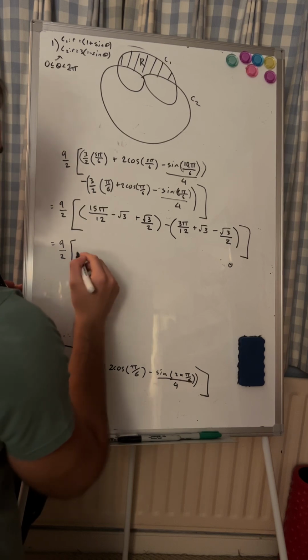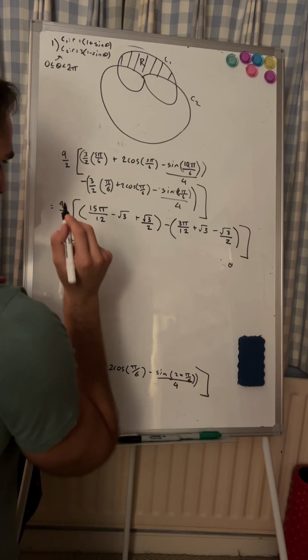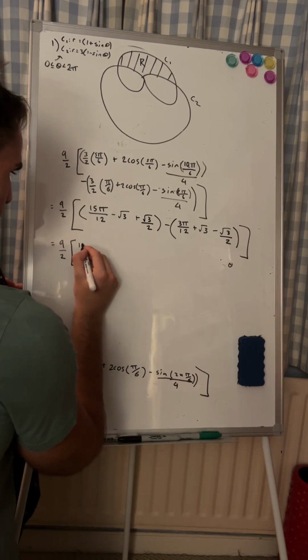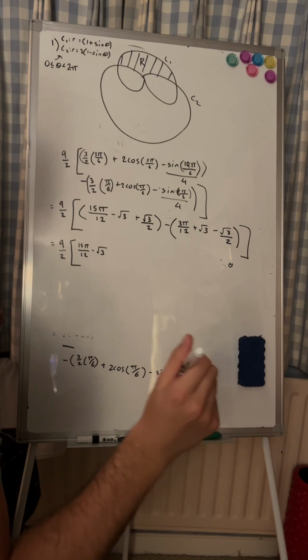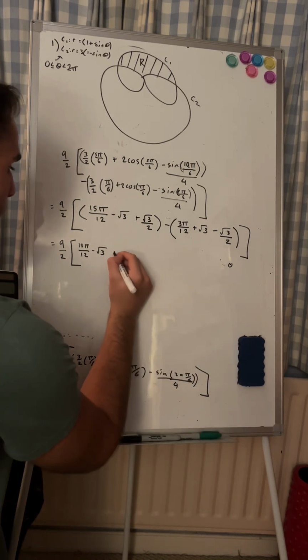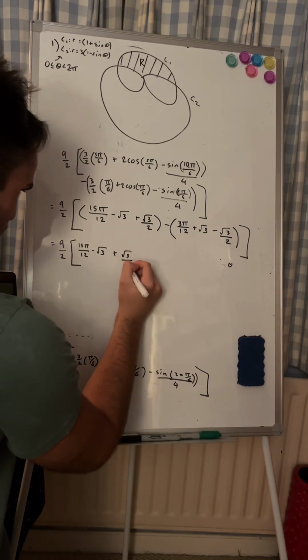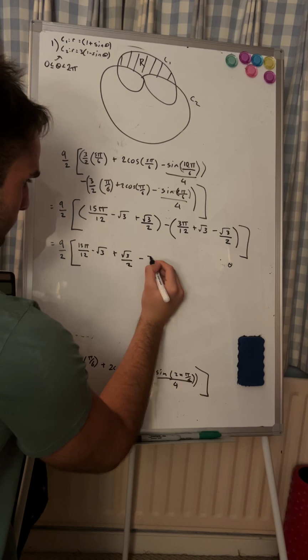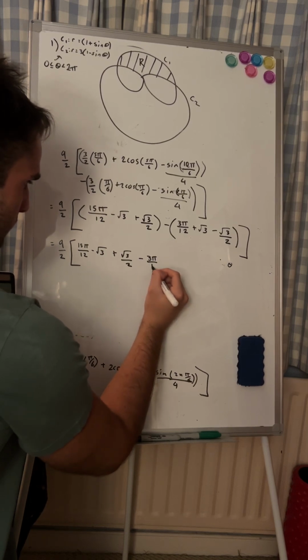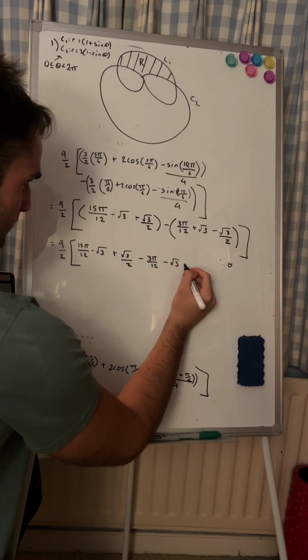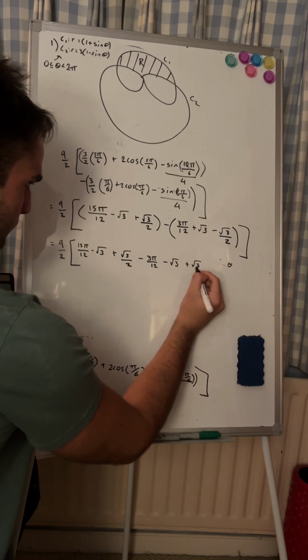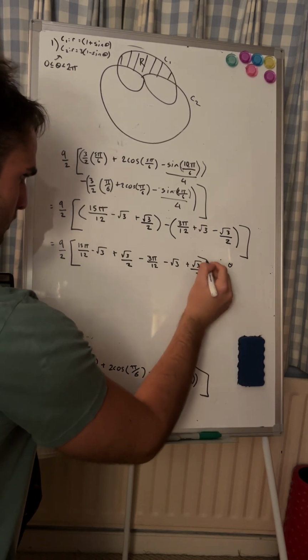So, we write this all out, expanded in this bracket. We have 15 pi over 12 minus root 3. And I bet no one's watching this part of the video because you probably know what you're doing now. But I'm doing it anyway. Minus 3 pi over 12 minus root 3 plus root 3 over 2.